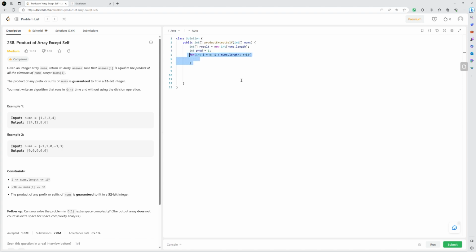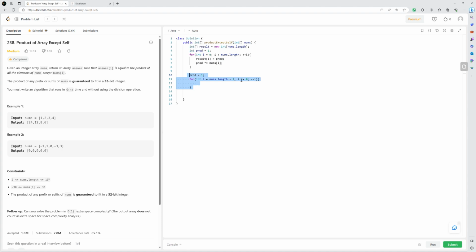We will iterate over the elements left to right. Each time we will put the current prefix product for the current number in the output array, and we will multiply the current product by the number that we are currently iterating over. So the next element that we calculate the prefix product for will contain the effect of the previous element.